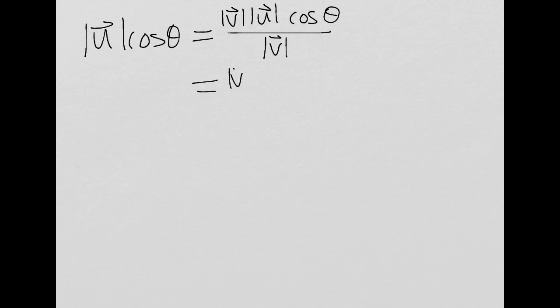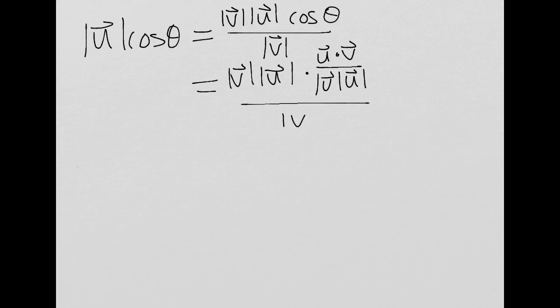So this is really the magnitude of v, the magnitude of u, times u dot v, all over the magnitude of v, the magnitude of u, over the magnitude of v. I get cancellation there. Those are all scalars. So I'm left with u dotted with v, all divided by the magnitude of v. It's a nice way to compute the component of u along v.